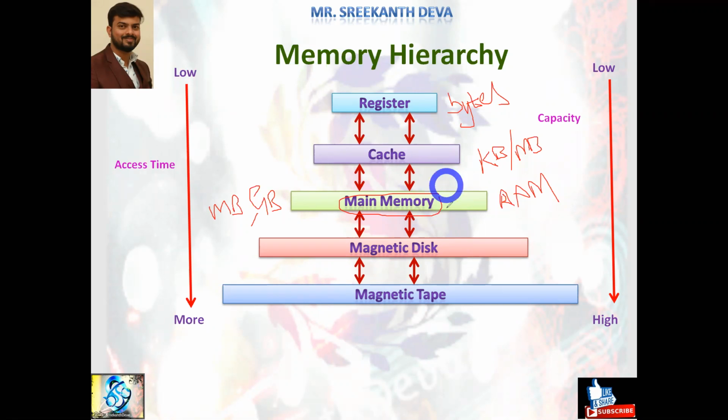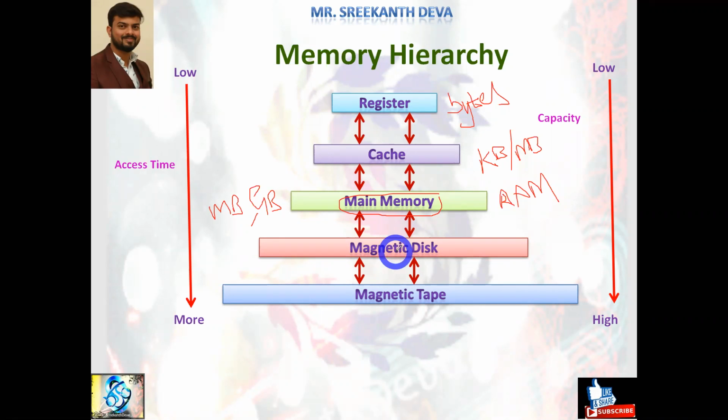But here just remember it. Main memory is nothing but RAM, random access memory. It has a capacity to store up to MBs and GB, but performance-wise compared to cache and registers it is low. Whatever data and instructions we write, that is stored in main memory only.